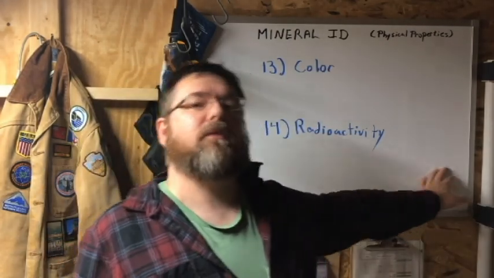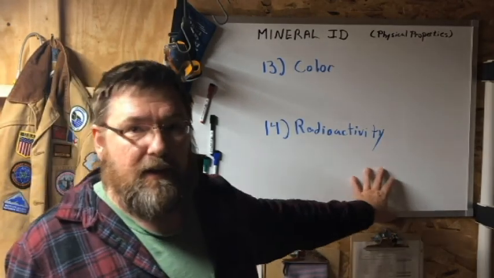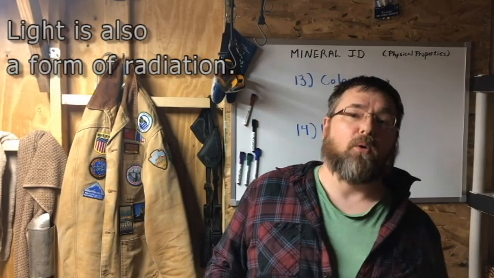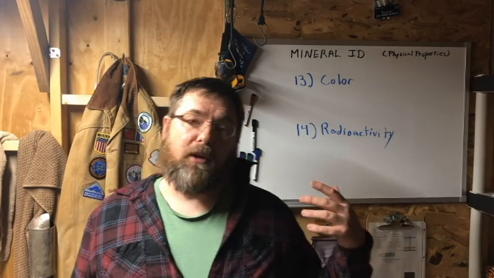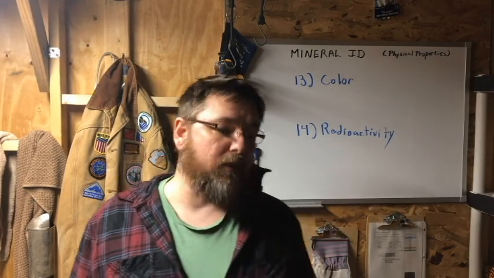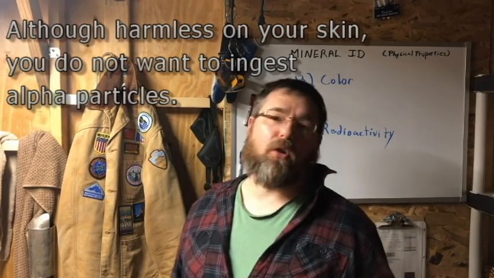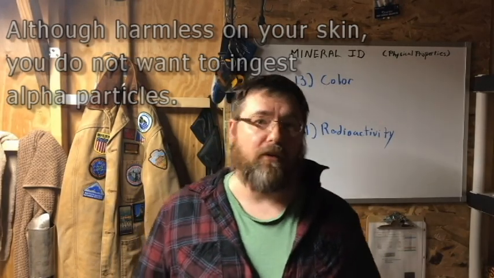Radioactivity, I know everyone freaks out when they hear this word, but it's not that big of a deal. The vast majority of Earth materials to some degree will be radioactive. Now most of these things give off what we call alpha particles, which your Geiger counter can detect, and alpha particles, your clothes will stop, your skin will stop. It doesn't penetrate into you, so it's harmless.